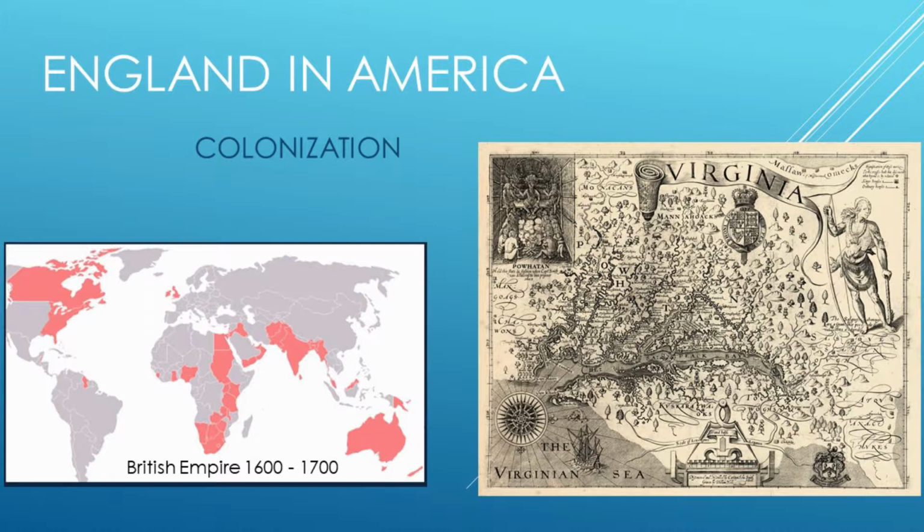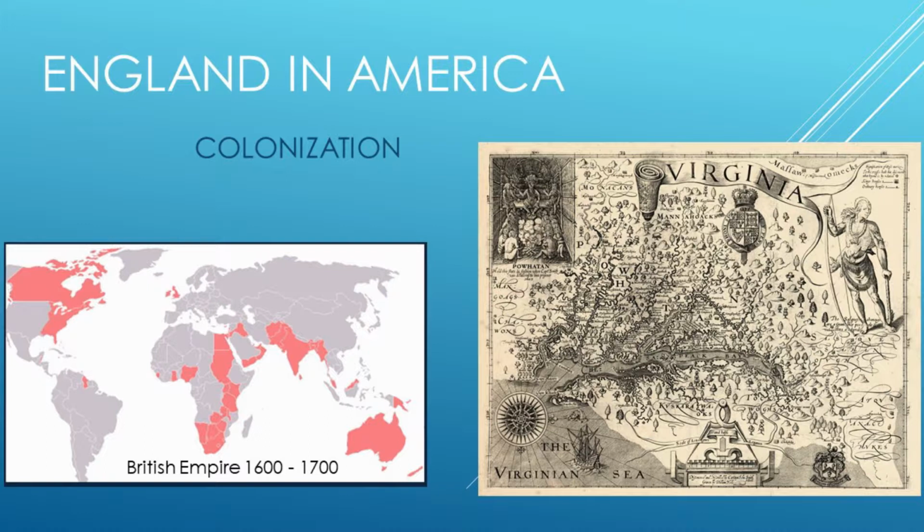On the title slide in these PowerPoints, there are two maps. The smaller map shows the British Empire between 1600 and 1700. All the red shaded areas are those areas that were claimed as part of the British Empire.